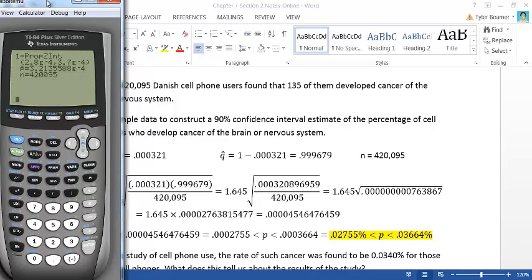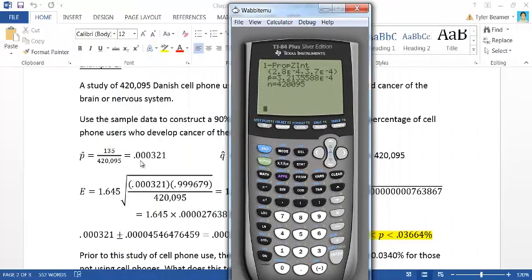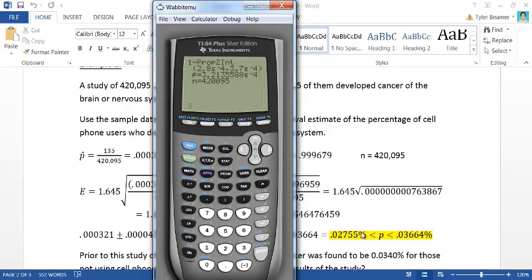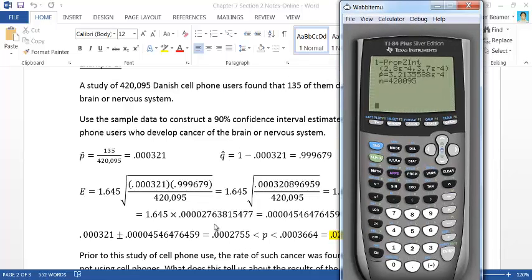You've got p hat, which I'm trying to show you is here, and that matches up with what we got here. This is scientific notation. Our confidence interval is here. This is the lower bound. Once again, that's scientific notation, but that matches up with our answer that we got for p here before we write it as a percentage.